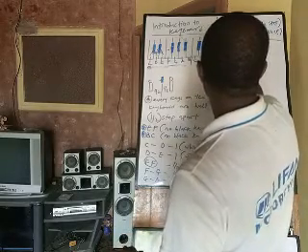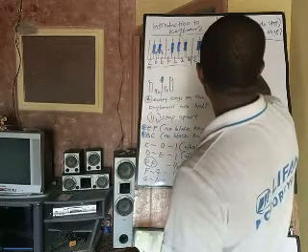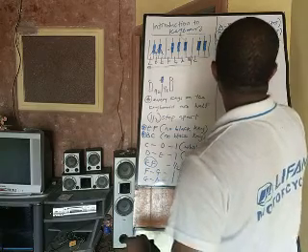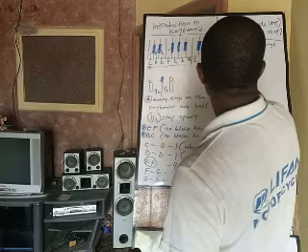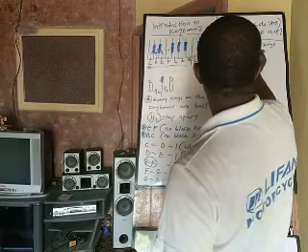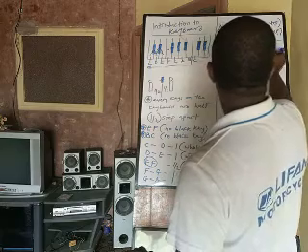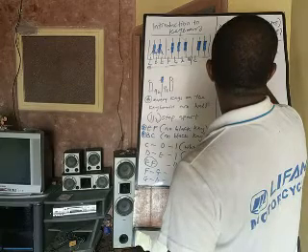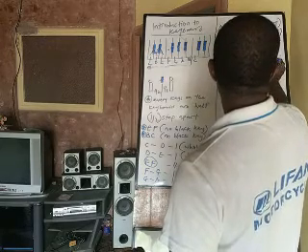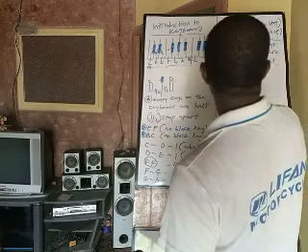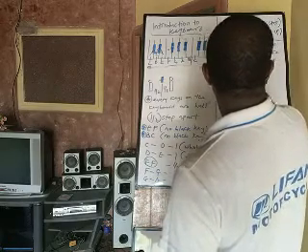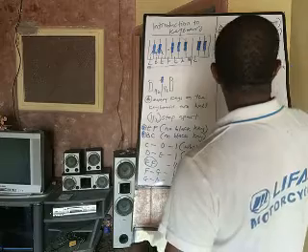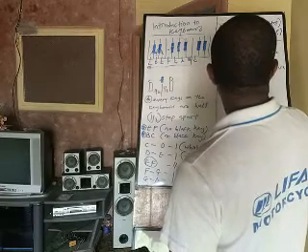A whole step, we must also note this too, is equivalent to 3 keys, counting from where you are, or next 2 keys from where you are.